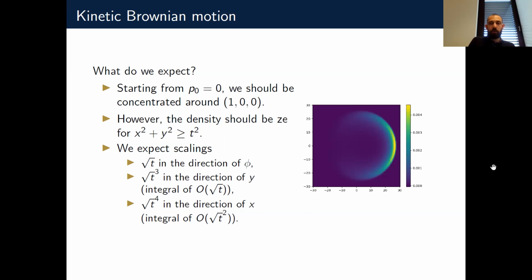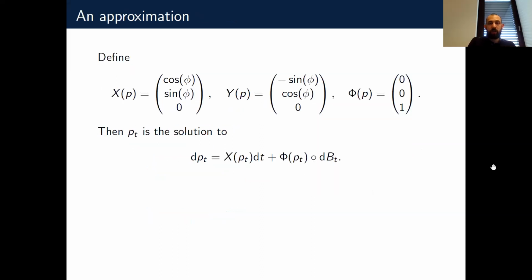This is how we're going to go. First of all, I will rephrase the definition of kinetic Brownian motion. This should be the solution of some differential equation, well, an SDE. My drift is just following the velocity.